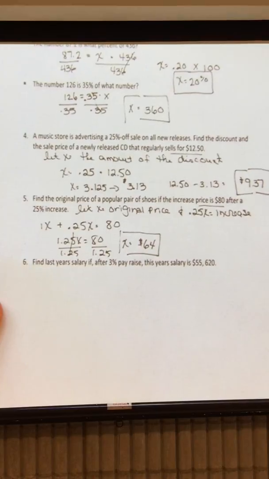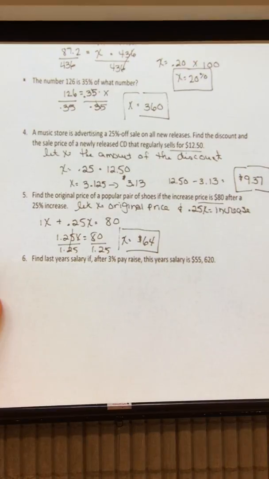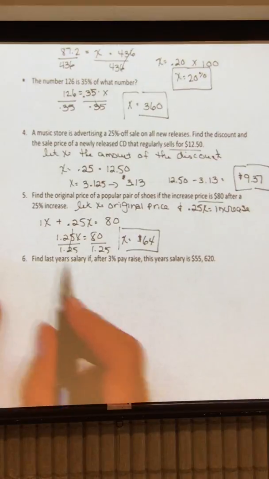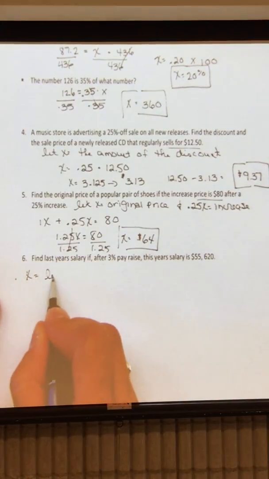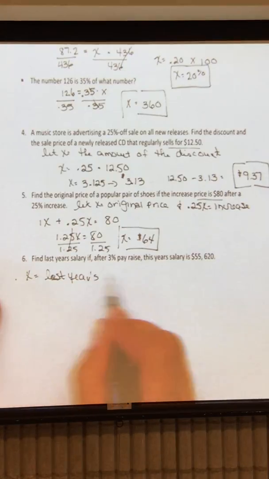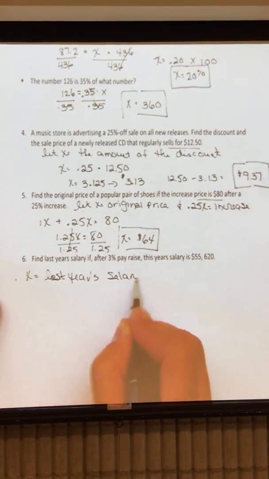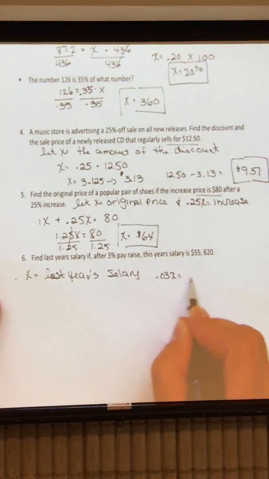And the last, number 6, find last year's salary if after a 3% raise, this year's salary is $55,620. So again, let x equal last year's salary and 0.03x be the increase.